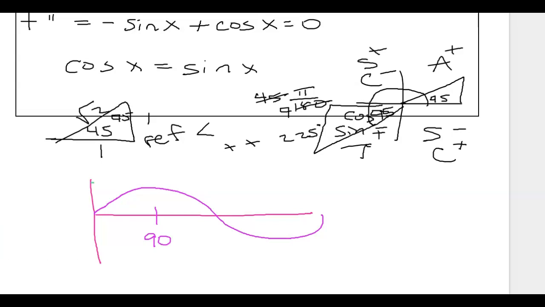So cosine here, and then I go here, and then here, and then back up. Okay, so if we're looking at 45 degrees, I'm kind of looking like I want 30 degrees. So this was 45. That's where they're equal. So I'm looking at 30.